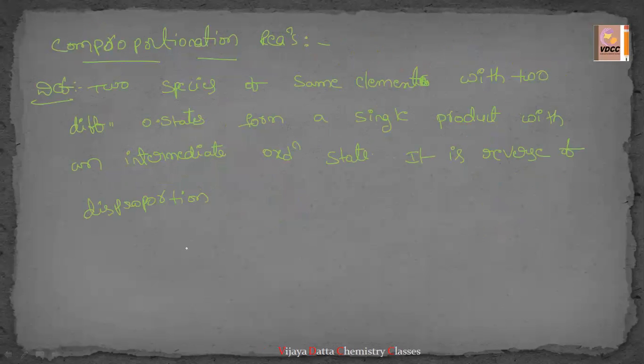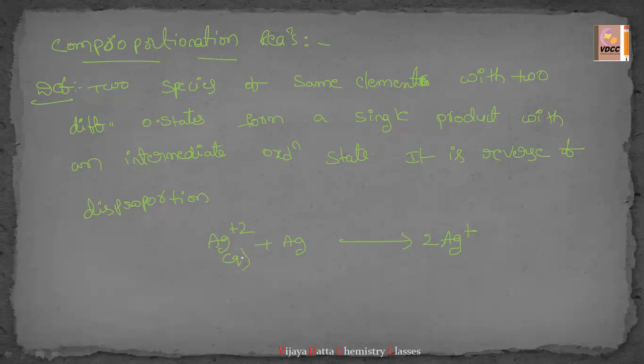Whereas in comproportionation, two oxidation states on the reactants side combine and give only a single oxidation state on the products side. See here, Ag²⁺ plus Ag gives rise to 2Ag⁺.